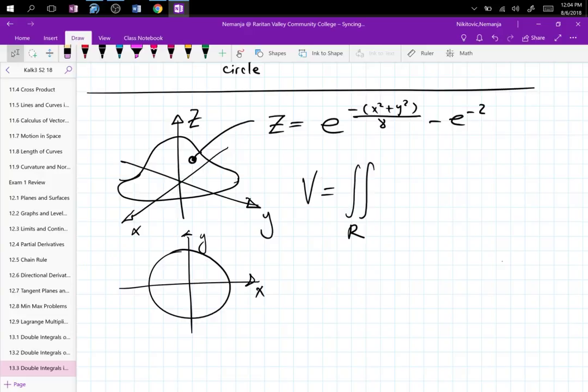And I have the e to the negative (x squared plus y squared) over 8 minus e to the negative 2, all of that dA.